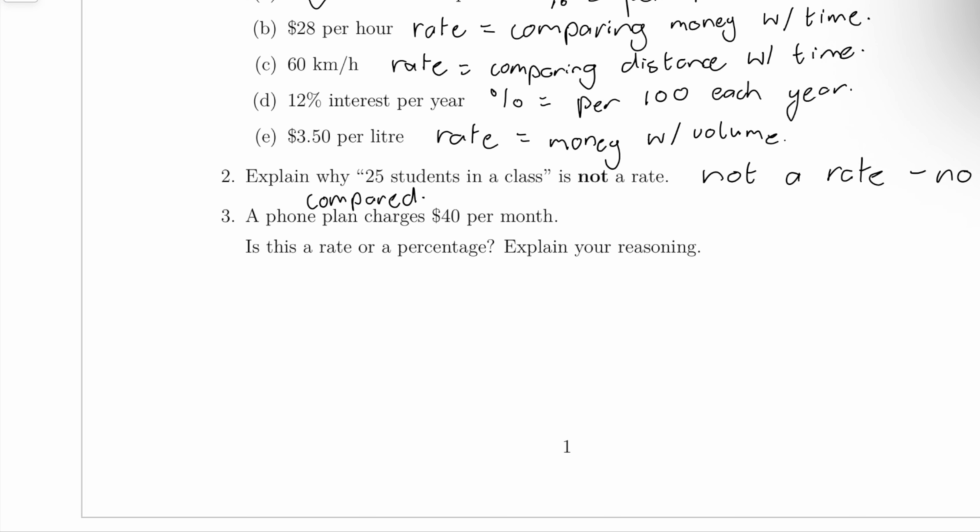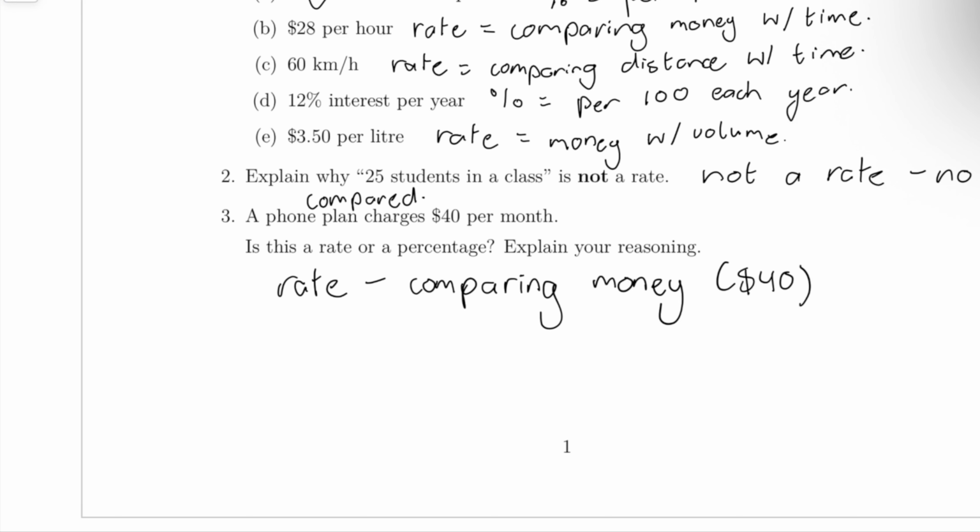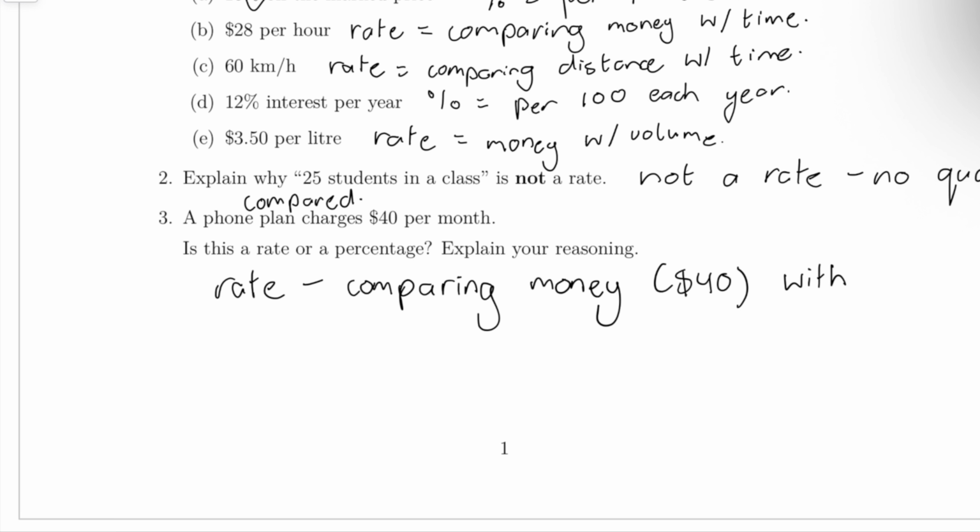So we can tell off the bat that it's a rate since you're comparing money, which in this case is $40, with month.